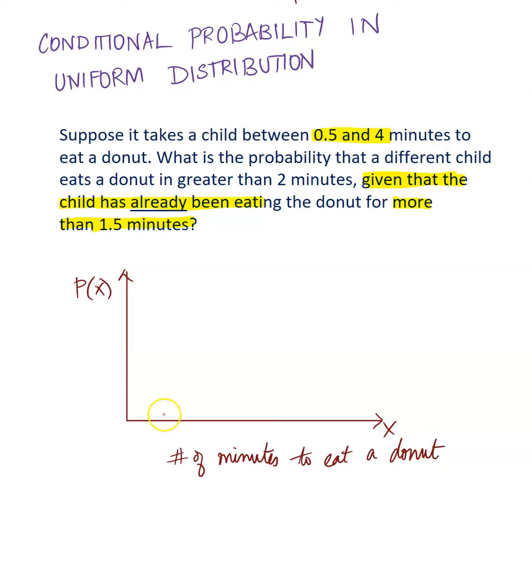So if that's the case, then I could mark my 0.5 somewhere here and my 4 minutes somewhere there. So that is the range, isn't it? So then we'll draw a horizontal line and then figure out what that height should be.